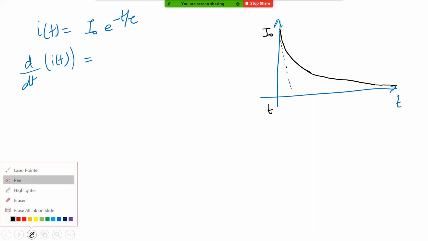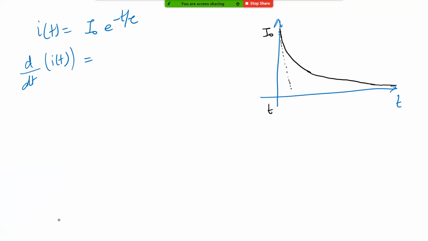So with this understanding, if you look at this differential, you will get minus I naught divided by tau e to the power of minus t by tau.